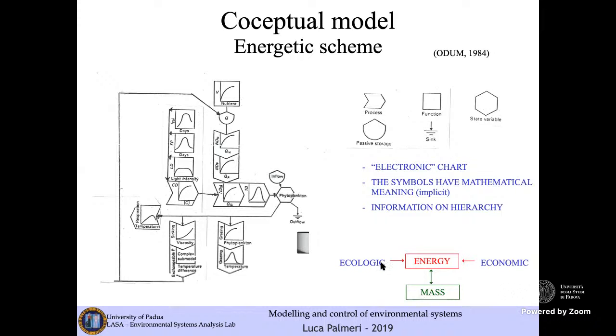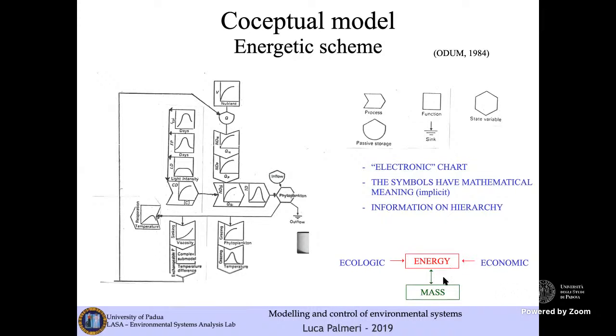It is striking that the parallel between ecological and economic models may be easily obtained by using the energetic currency. But of course, you may understand, or we may anticipate, that currency is a matter of choice. So it is the model that will choose the most appropriate currency.